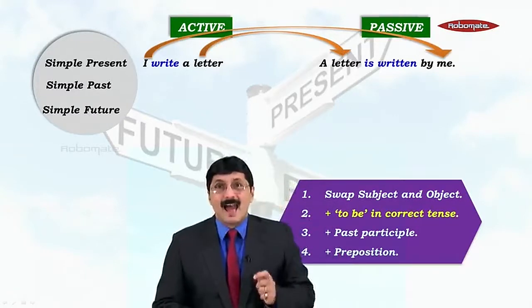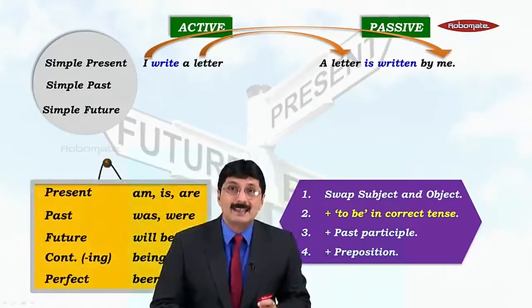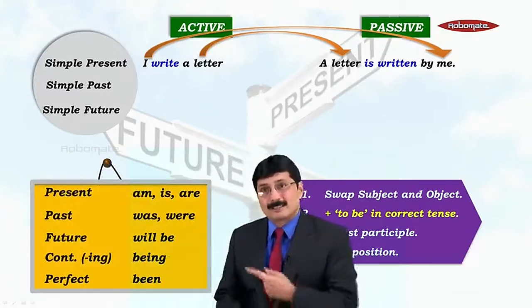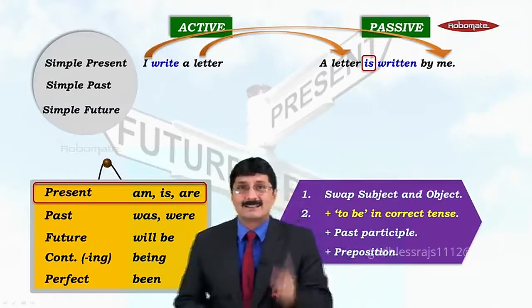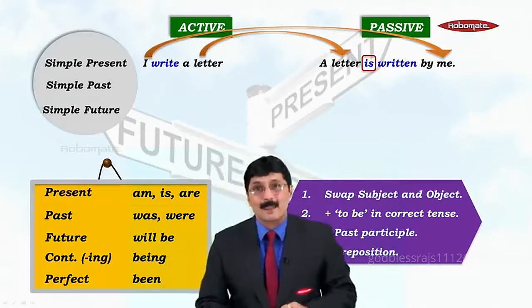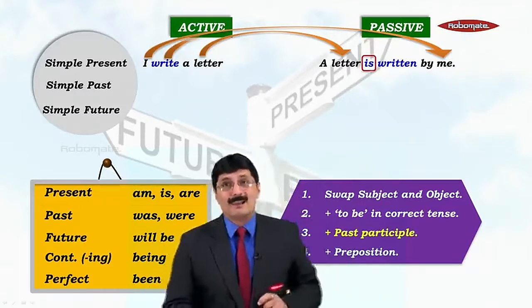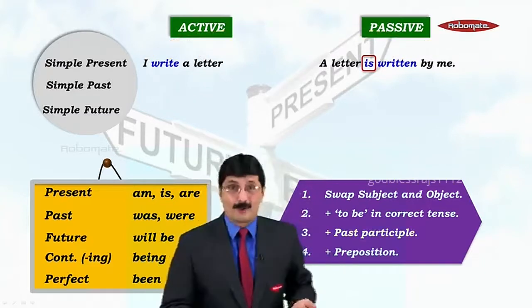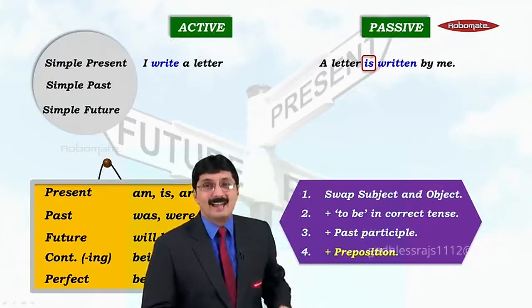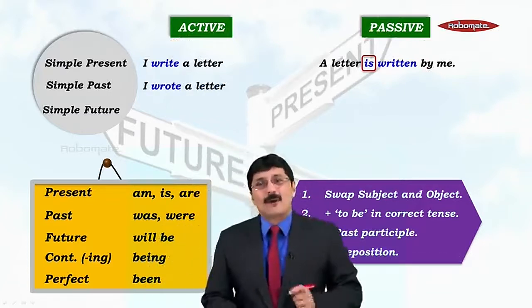Next, add to be. So you can easily see present tense, am, is, are, we choose is, and that's it there. Third step, add the past participle, and my dear friends, written. And of course, the fourth step is add by. So here we are, my friends, you have got it.